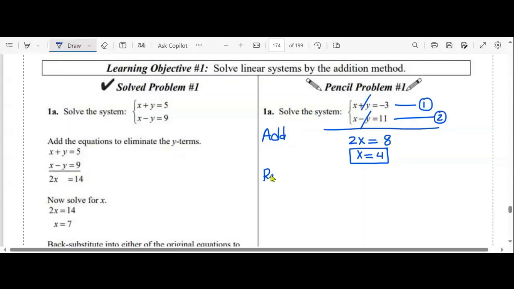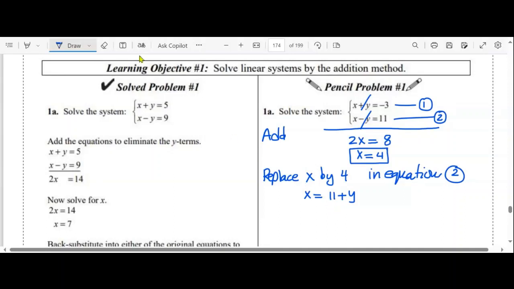Now replace x by 4 in which equation? 1 or 2? Which one is easier? I'll do 2. So x equals 11 plus y.